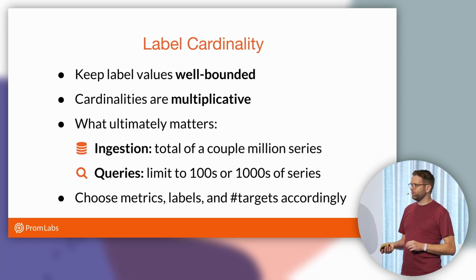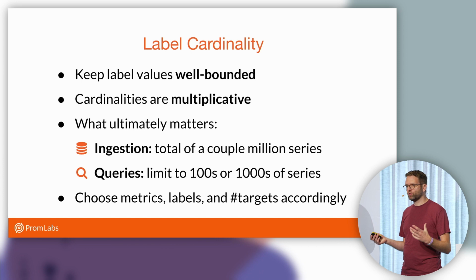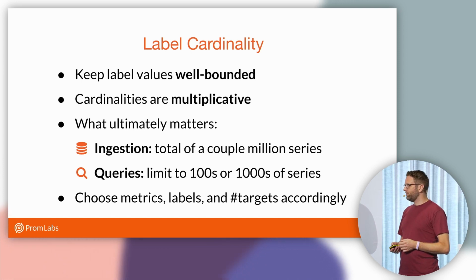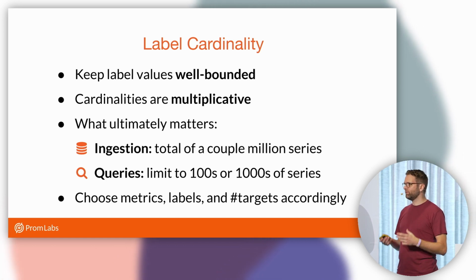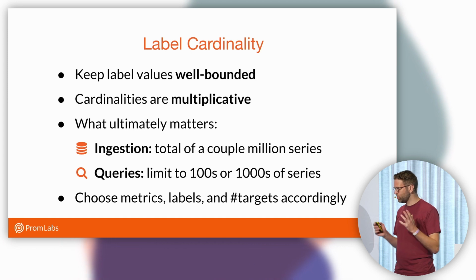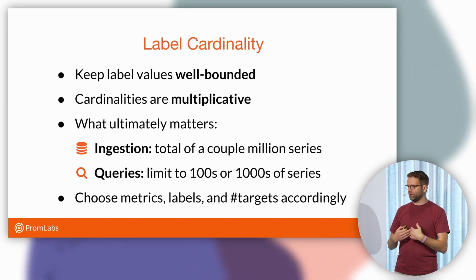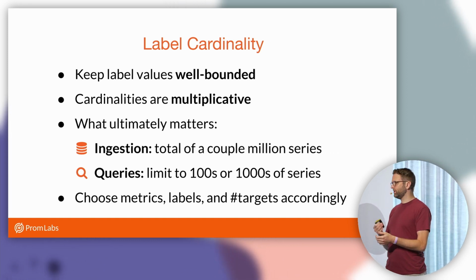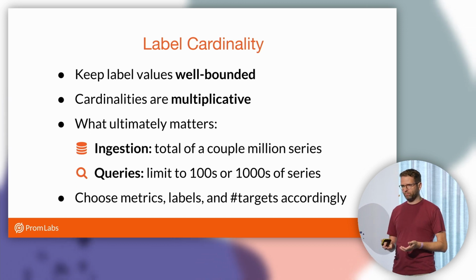What really matters, though, in the end, is the total budget you have in a typical large Prometheus server. A large Prometheus server can typically handle up to a couple of million concurrently active time series that it's ingesting at one time. But then you also have to think about when you want to query these metrics, at least in the table view, you want to be able to comfortably query all the time series belonging to one metric name.